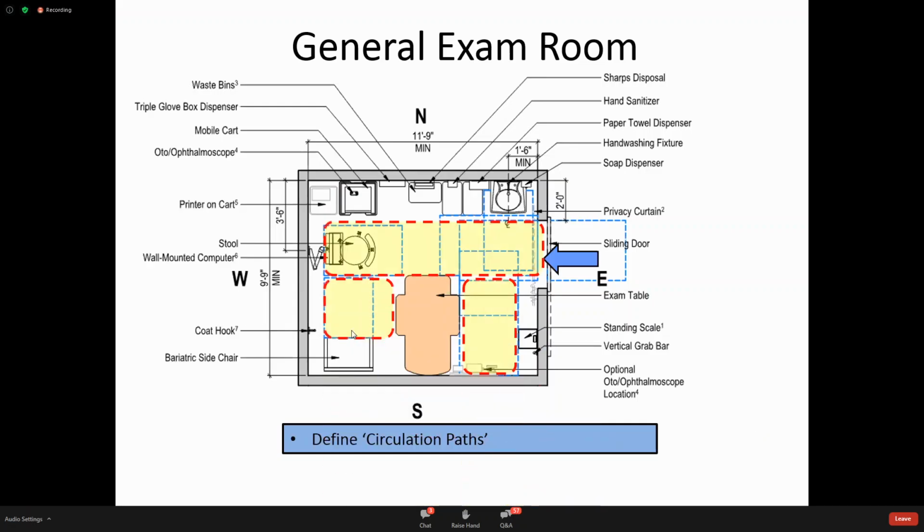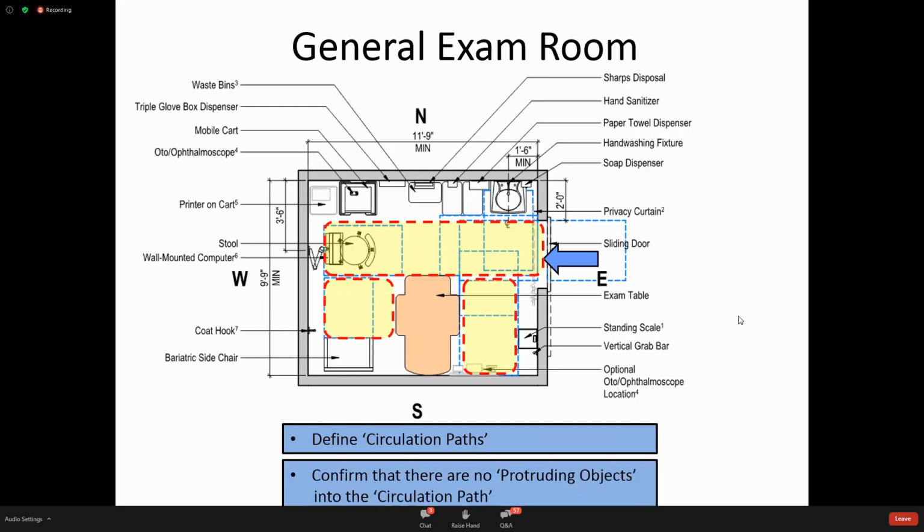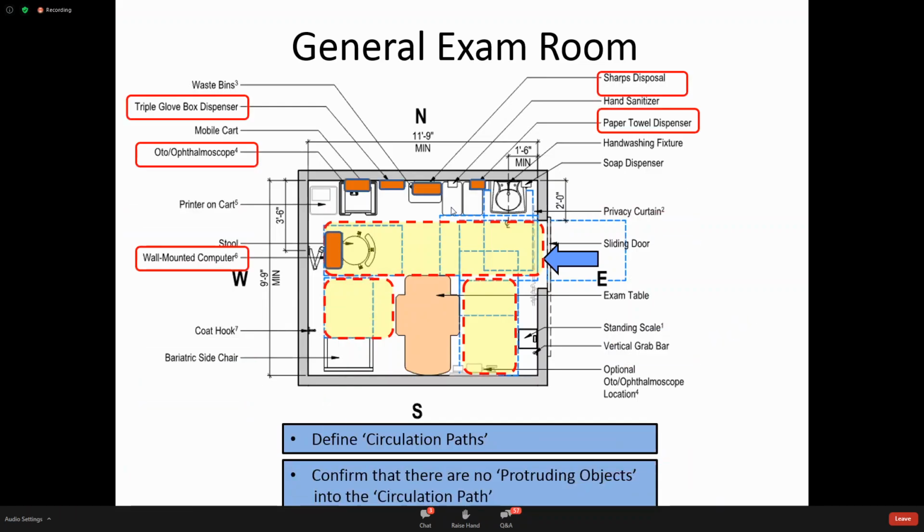If we say these are our circulation paths shown in yellow, then do we or do we not have protruding objects into those circulation paths? As we look at this design of this room, we've got this orangey brown color showing the sharps disposal, paper towel dispenser, glove box dispenser, the otoscope, the computer. Those are potentially protruding objects.